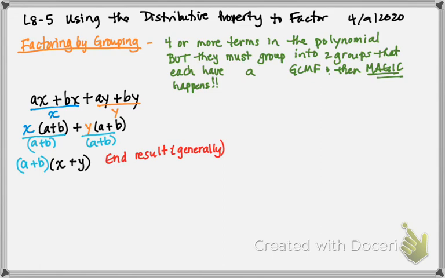Okay, a lot of times we forget to pull out the GCMF that all of them have in common. So that becomes something we have to pull out down the line. So the end result generally is going to be the product of two binomials. Product of two binomials.